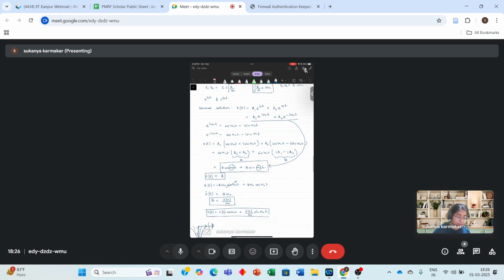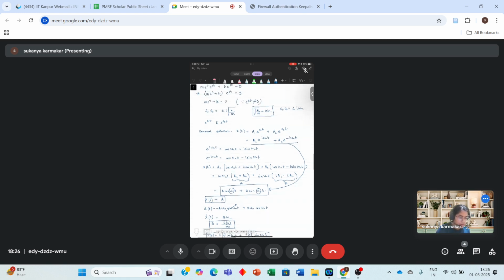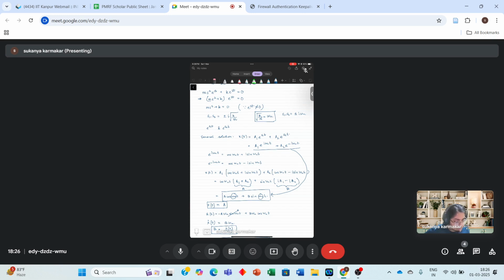Also, here we do have small deformation as an assumption, right? Here we are not using the Taylor series.